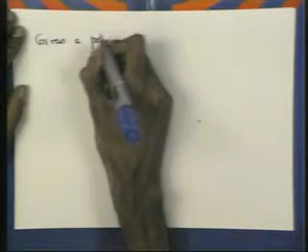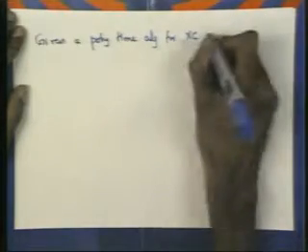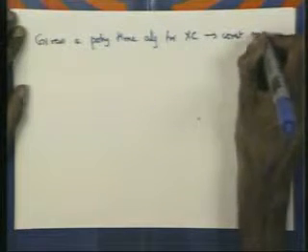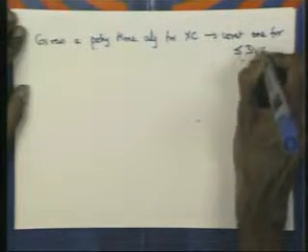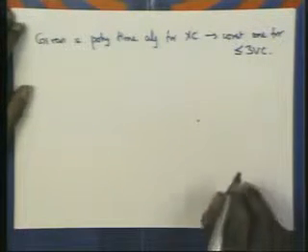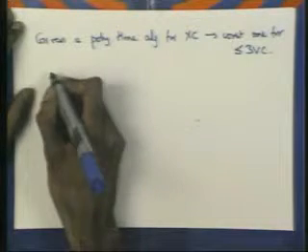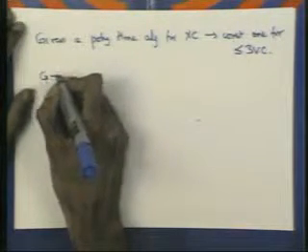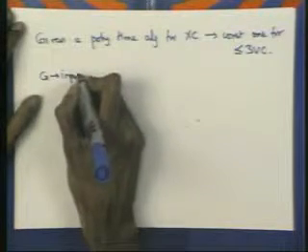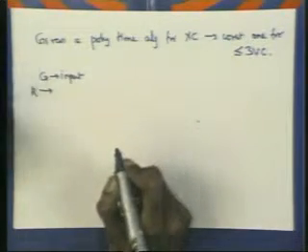Okay, so let's do this. Given a polynomial time algorithm for XC, I want to construct one for less than or equal to 3 VC. This is our goal. So how do we do this? The algorithm will take a graph as input, and there is also this K. We know that delta of G is at most 3.